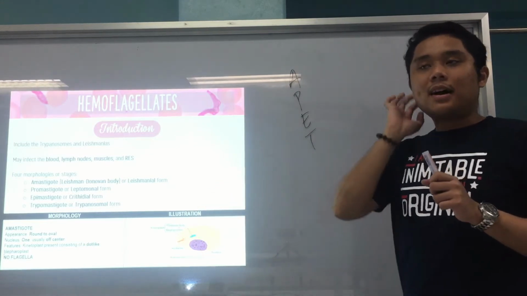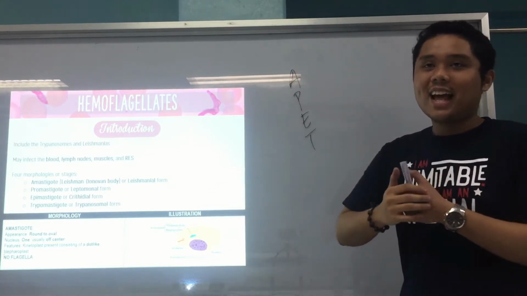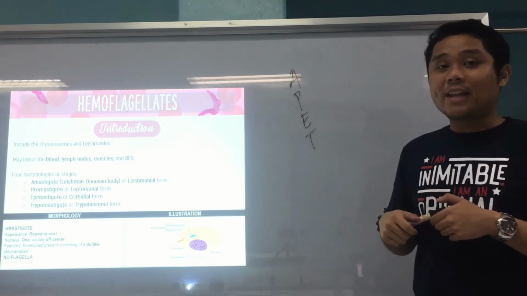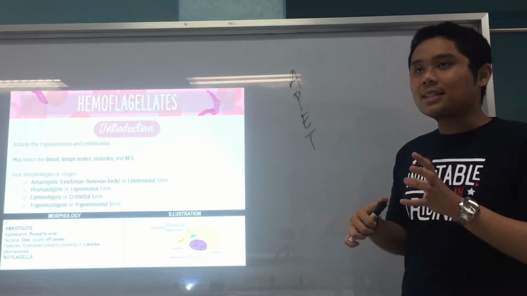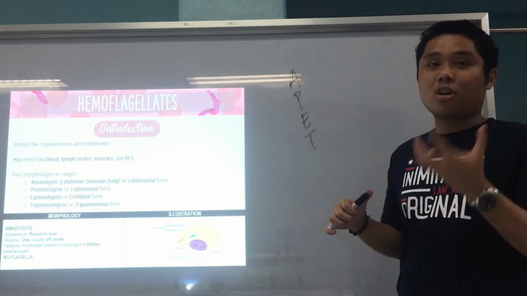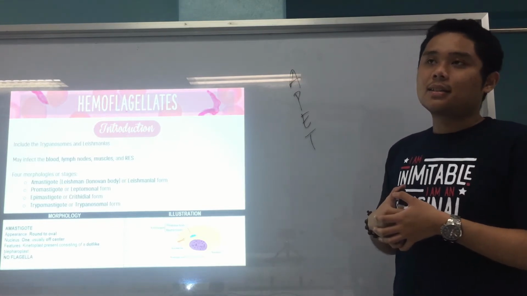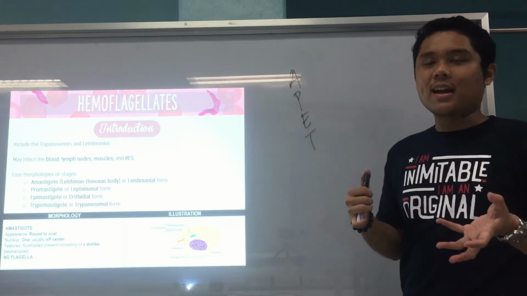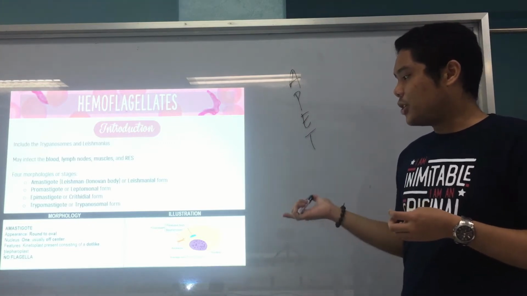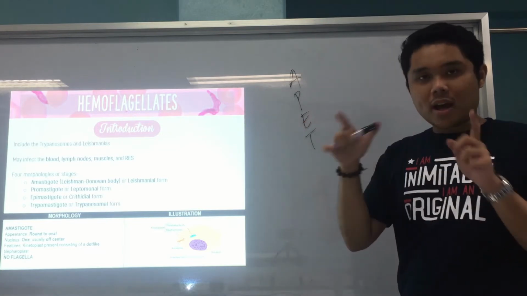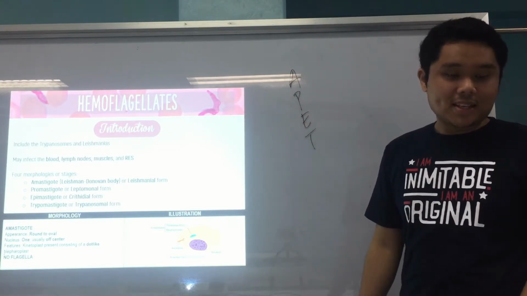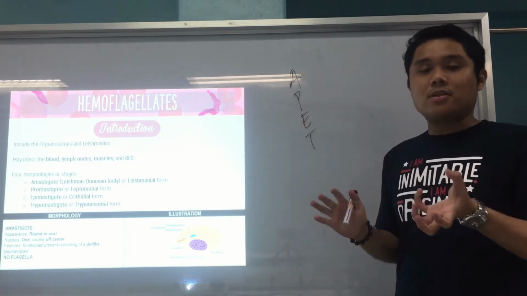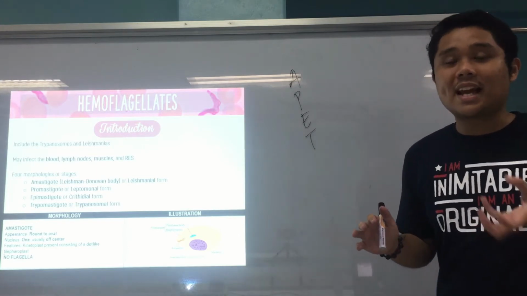Both of them together are called your kinetoplast. These are just structural features that the parasite uses for its functioning. So that's for amastigote. Usually it's round, and it doesn't have any flagella yet.